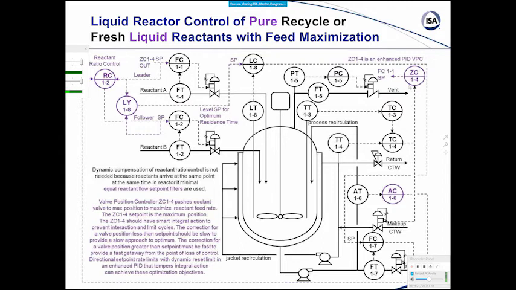Now we also have a valve position controller here in purple, and it's going to try and maximize production rate based on looking at the makeup valve here, the coolant makeup valve, and saying, hey, we can produce more reactant here as long as that makeup valve doesn't go too far open. So as long as it's got enough room to take care of disturbances, that's what it's going to do.